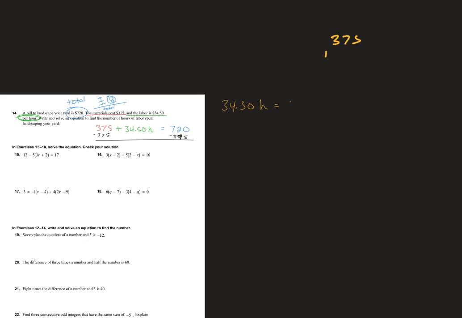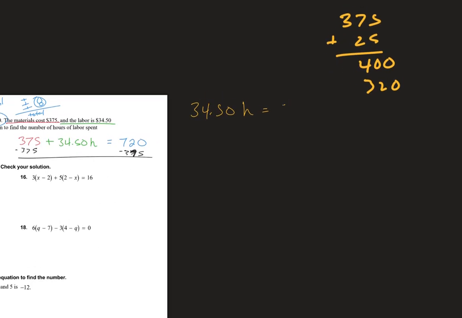So 375, if I add 25, that's 400. And then I just have to get up to 720. So that's another 320. So this is 345. 720 minus 375 is 345. And if you're like, how did you do that? I took that 25 and that 320 and added them together.